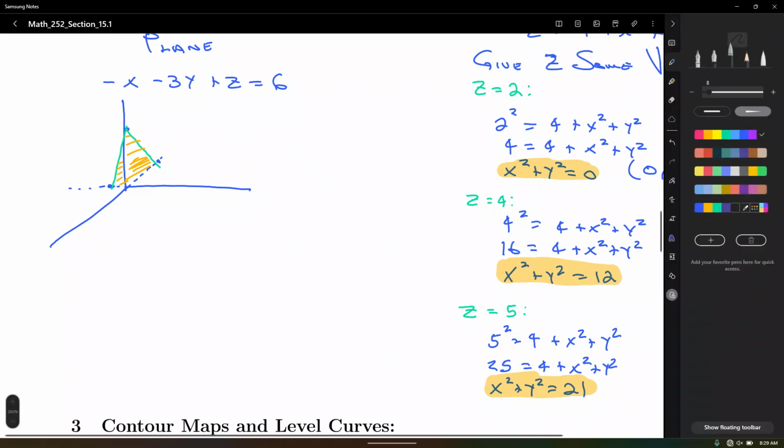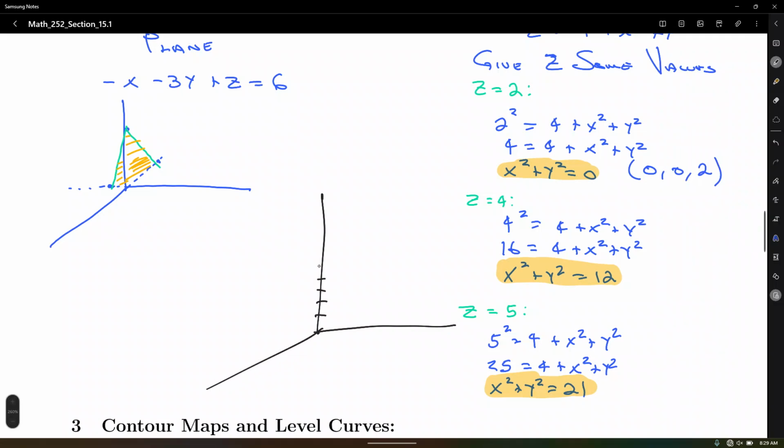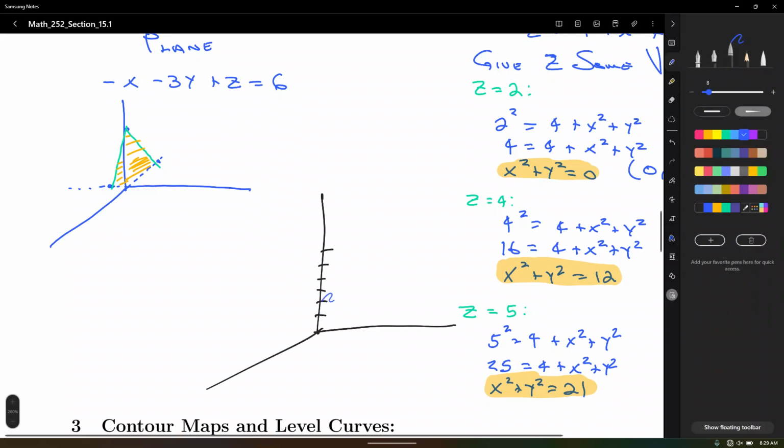Well, how are we going to graph this? So I'm going to go 1, 2, 3. And I'm going to plot the point 0, 0, 2. That's easy to plot. 1, 2.